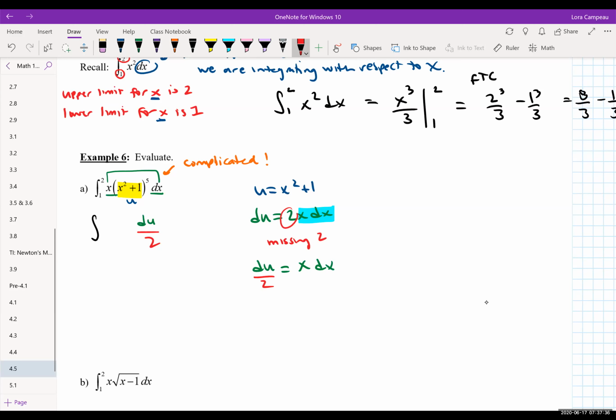Then x squared plus 1 is u, and we have it to the 5th. So, my friends, what ends up happening? We factor out the 1/2. No problem there.